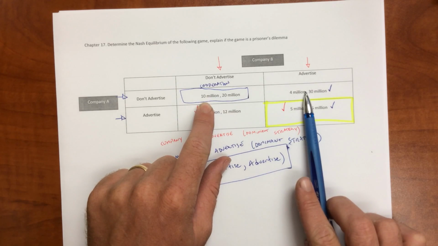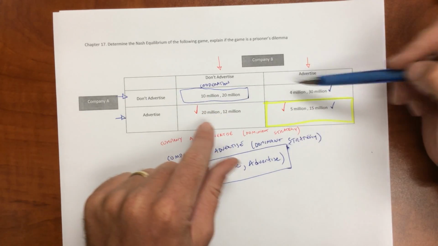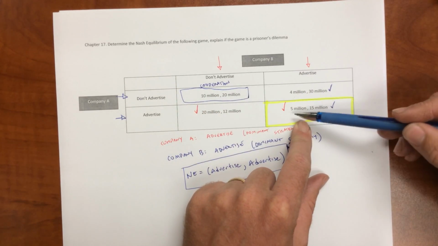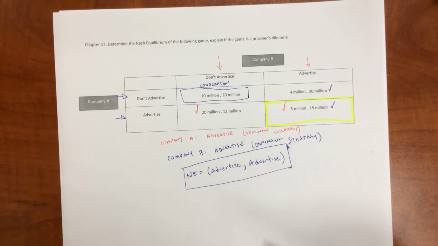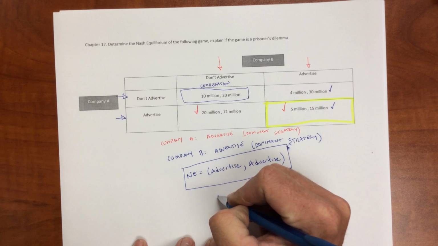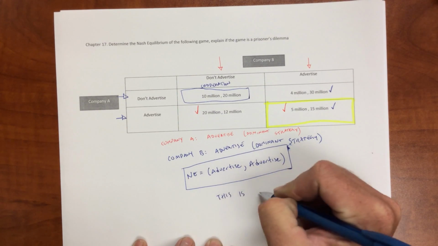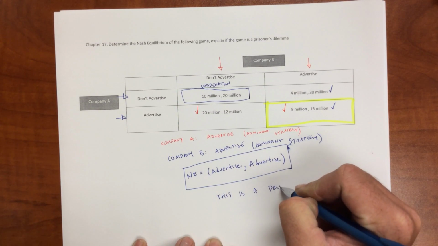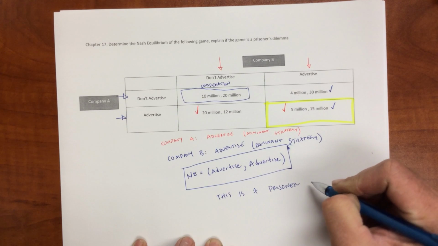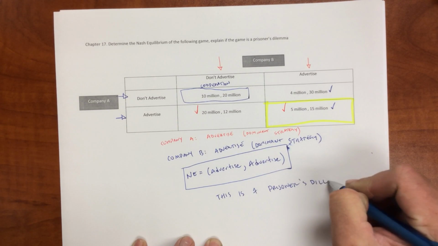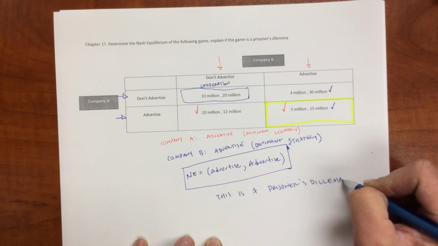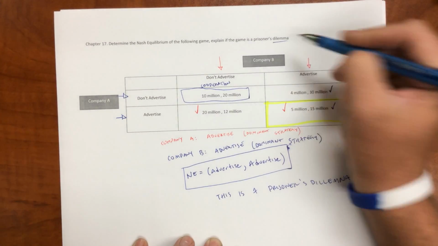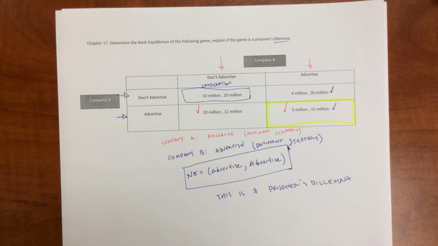So they'll deviate as well. And in fact, both companies will deviate and will end up at our Nash equilibrium. And this outcome makes both players worse off. So this is a prisoner's dilemma. Okay, here's how you actually spell it. But that's going to be a prisoner's dilemma game.